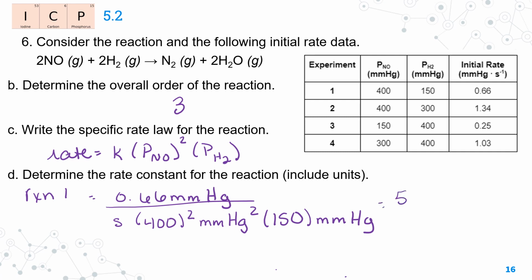I got 5.625 times 10 to the negative 4. And my units are going to be millimeters of mercury per millimeters of mercury squared seconds squared. All right, I should have calculated it before I recorded it, but I fixed it. So redoing my math, I end up getting 2.75 times 10 to the negative 8, but my units don't change.